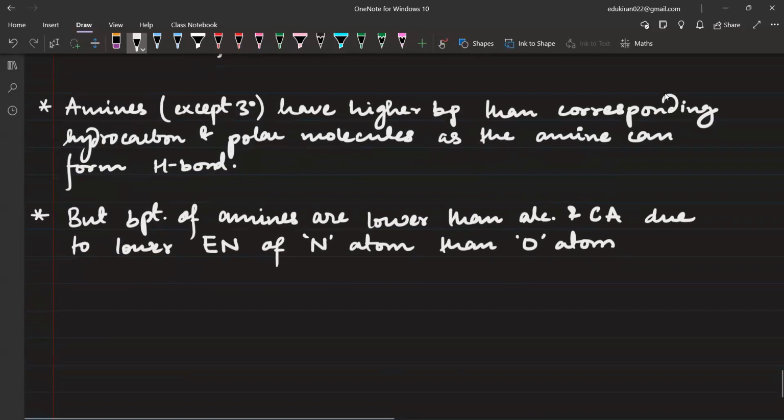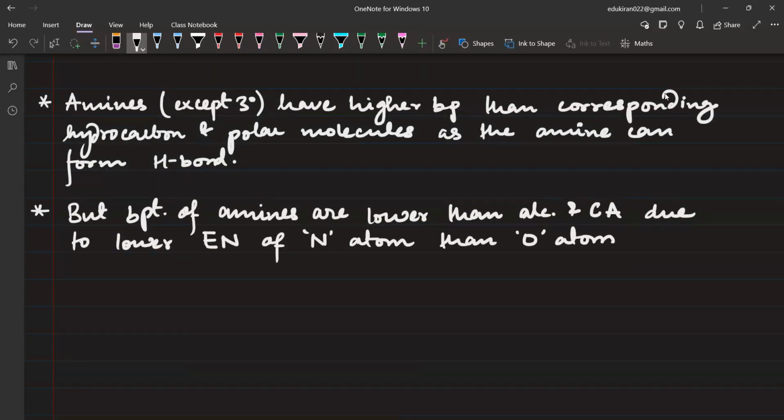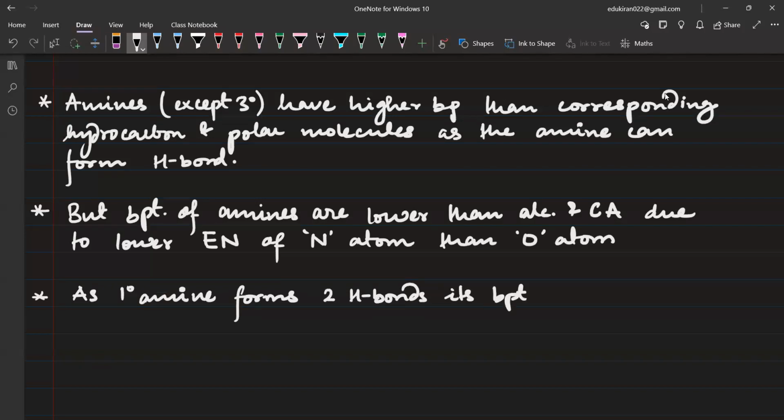Now, next point you will write, as 1 degree amine forms 2 hydrogen bonds, its boiling point is higher than 2 degree and 3 degree amines.